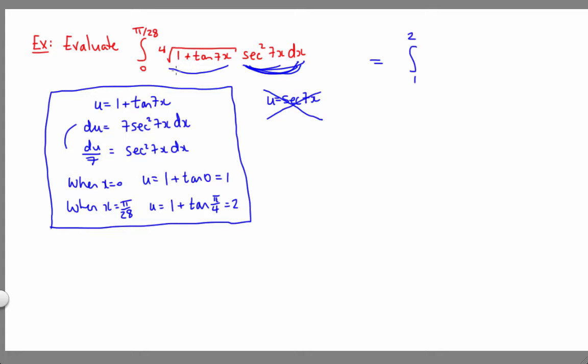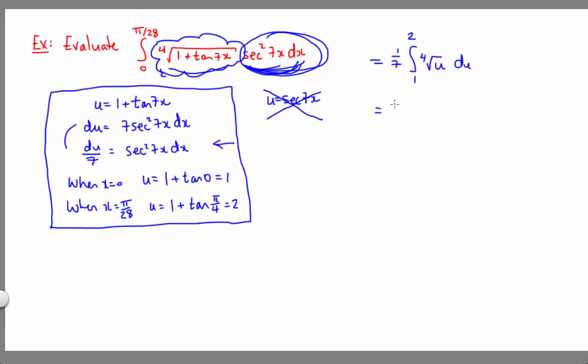And if we start to rewrite our integral here, the fourth root we've decided could be written as the fourth root of u. So that's great. And then we can grab this secant squared 7x dx, and we've said down here that's equal to du over 7. So let's put the 1/7 out in front there. And there we go, we've got a nice example of the power form.